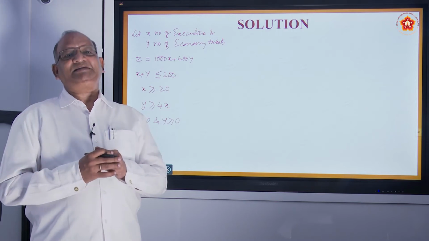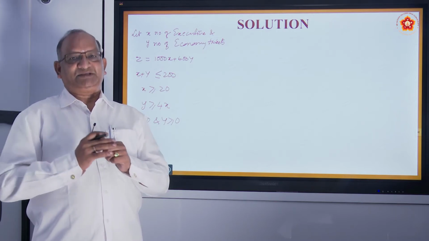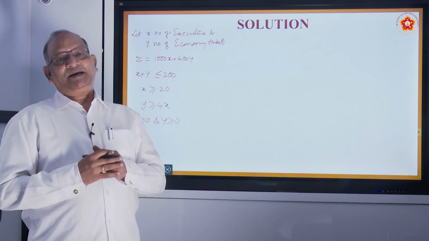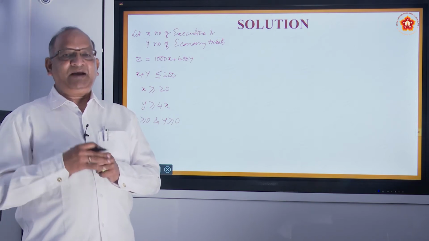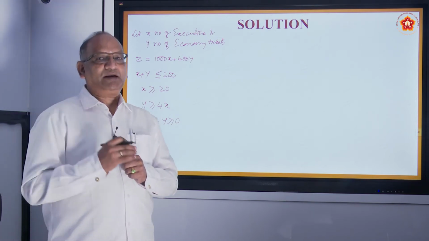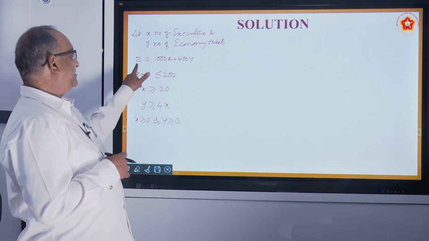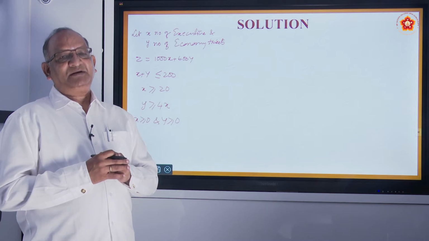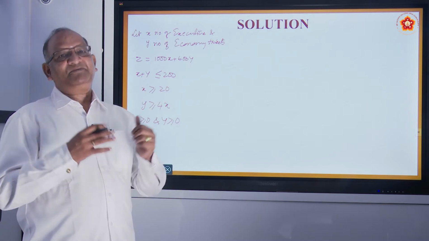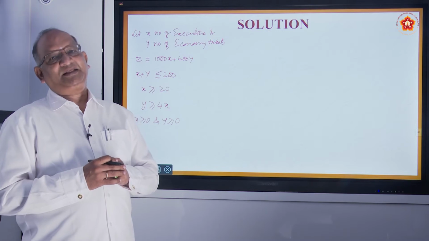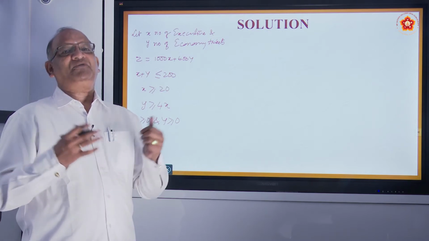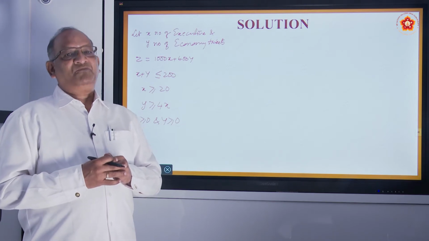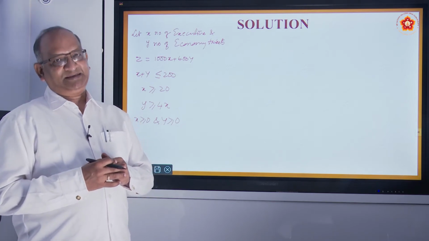Then the next task is to know where they are meeting each other. We need to know the corner points and their coordinates. And finally, we substitute those corner points in this relation Z, which is called the optimization function, and according to the problem either we take the maximum value or the minimum value. Here we want to make the profit maximum. So among the answers which you get for Z, whichever is maximum will be the answer.